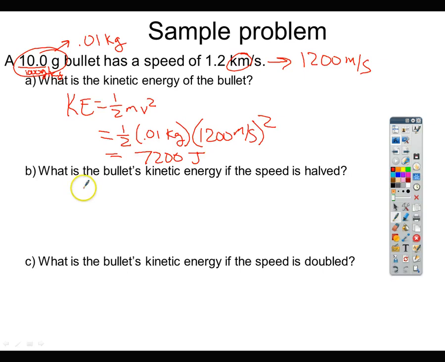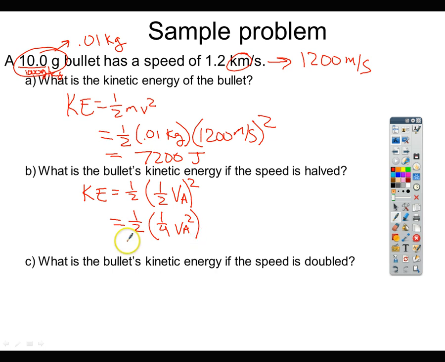They want to know what is the kinetic energy if the speed is halved. So let's go through just a little derivation. We're going to say kinetic energy is equal to 1/2 m times 1/2 of the speed that we had in A, and then we're going to square that. If we do some of our math, 1/2 squared will be 1/4, and that would be vA squared.